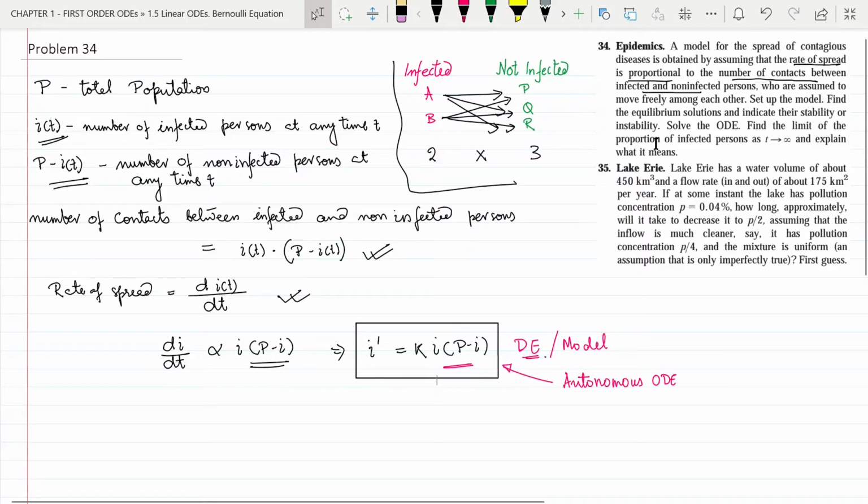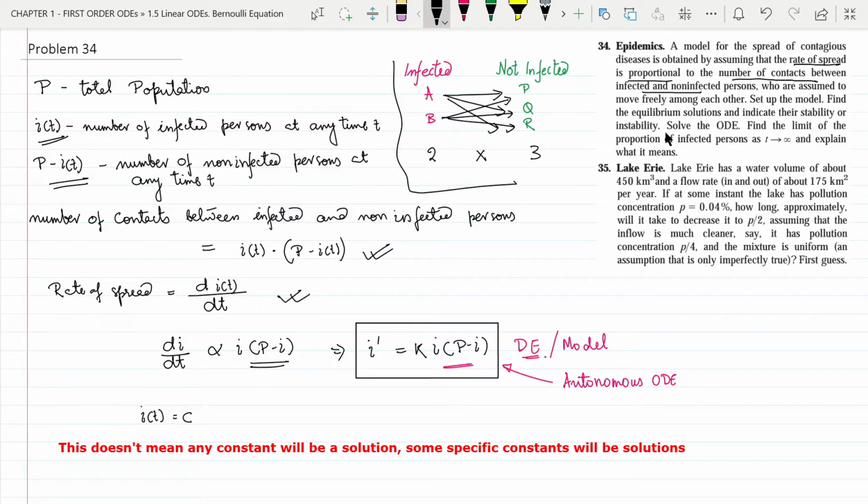Now the question is asking to find the equilibrium solutions and indicate their stability or instability. A special property of an autonomous ODE is that it has some constant solutions. It has other solutions also, but there are some solutions which are constant. So if solutions are constant, we can write I of t equal to constant.